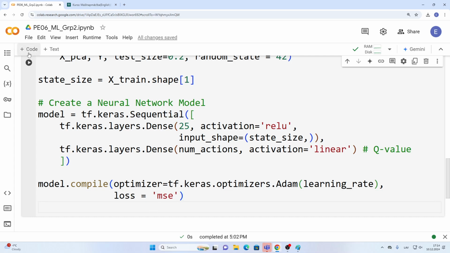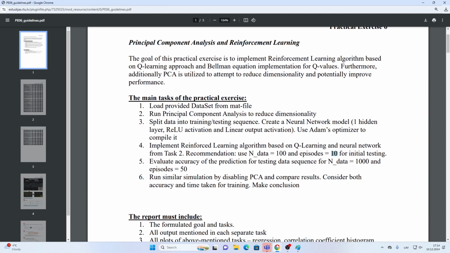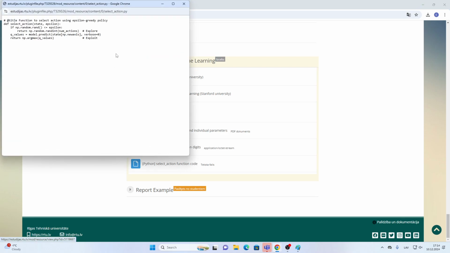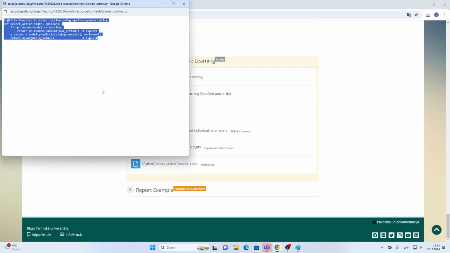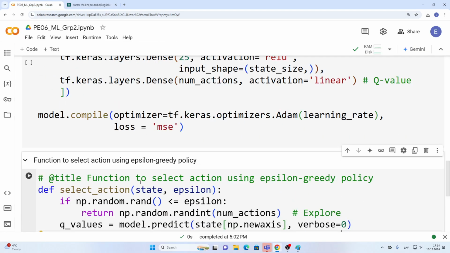So before we go further, we need to import a function from Ortus about the action our reinforcement learning is going to take. So you just go to Ortus, open this Python script, and copy this function here.